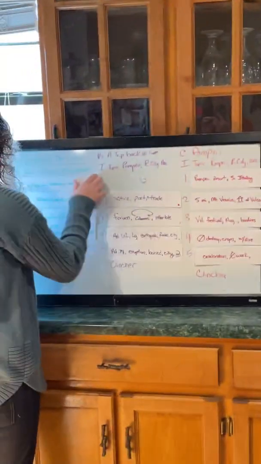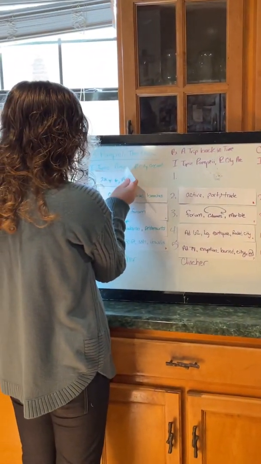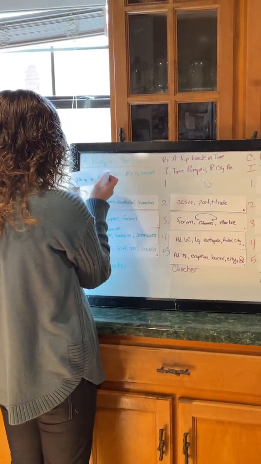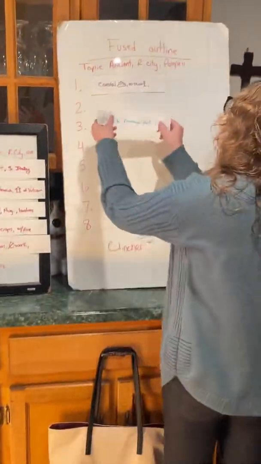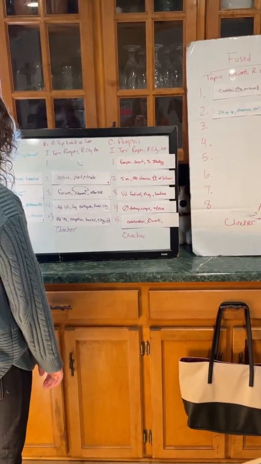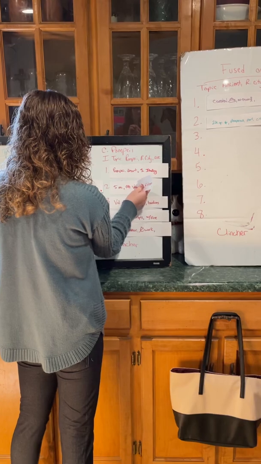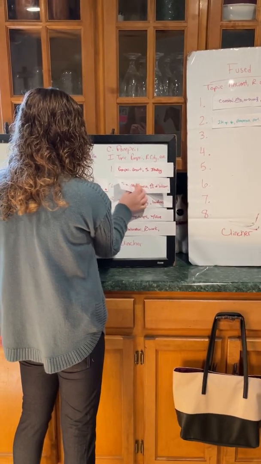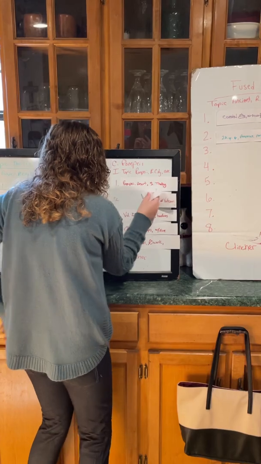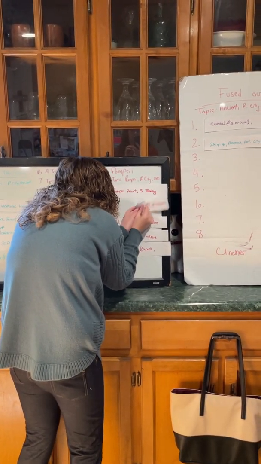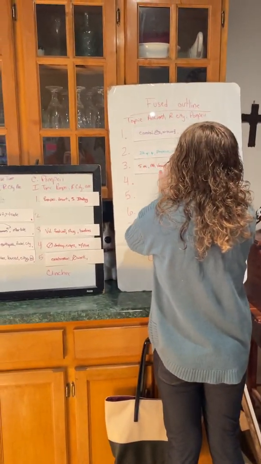And then we're picking from the first outline, 2,000 years ago, prosperous port city. Race 3. Right there. 5 miles, Mount Vesuvius and volcano, home of Vulcan. And that's going to go in our 3 spot.